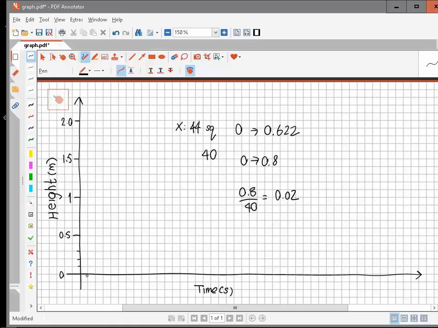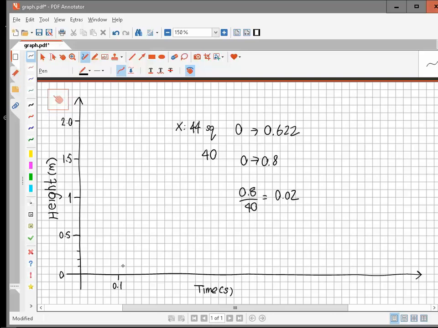So each one of these minor marks would correspond to 0.02. Therefore, each fifth mark, 1, 2, 3, 4, 5, would correspond to 0.1. So I'm going to label these for every 5 squares, and that should give me an axis that is not too cluttered.